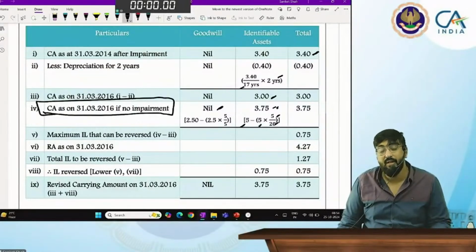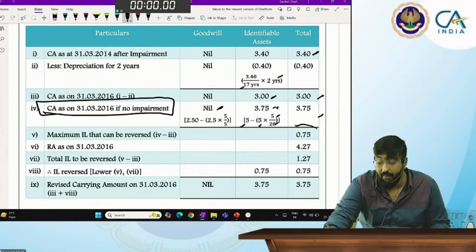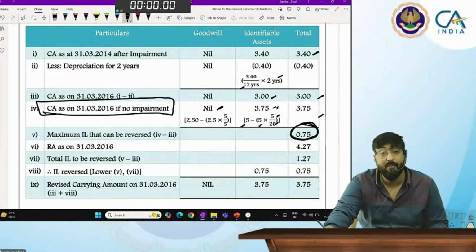हाँ, ये किया नहीं वो बात अलग है, पर ये करना था. So you are continuing with 3 rupees, but if there is no impairment, तो आपने कितने से कंटिन्यू किया होता? 3.75. तो आपने कितना मैक्सिमम रिवर्स करना है? 0.75.